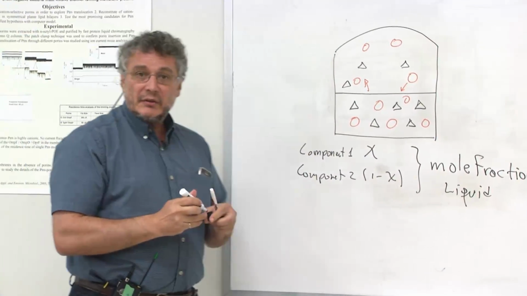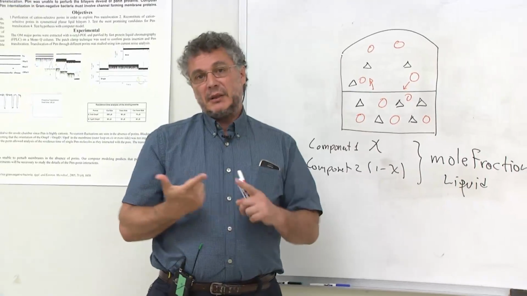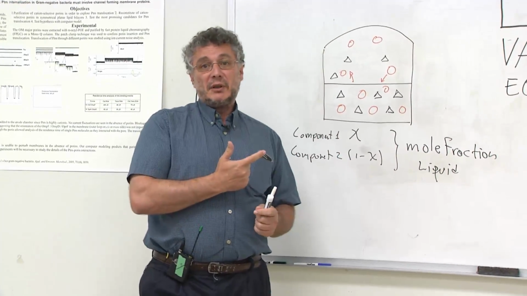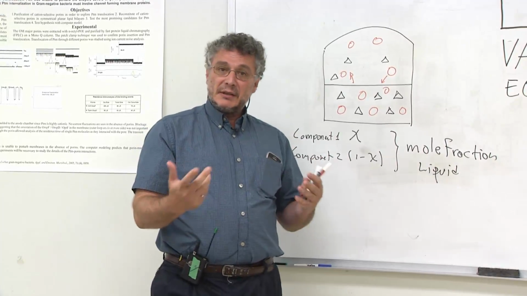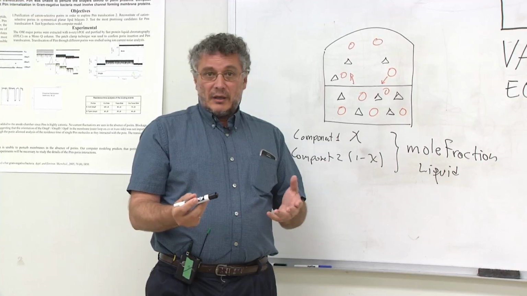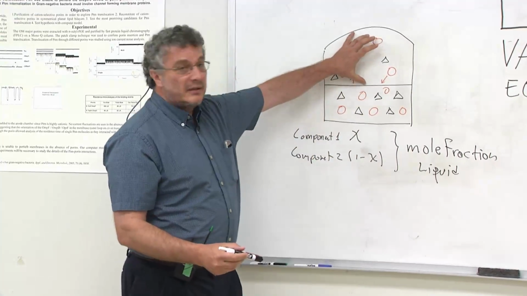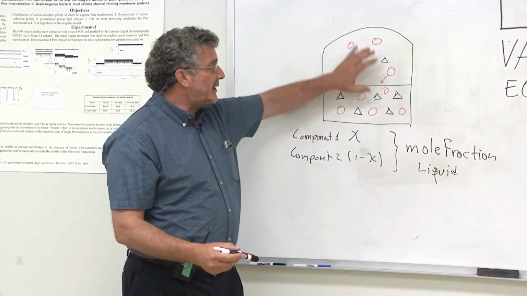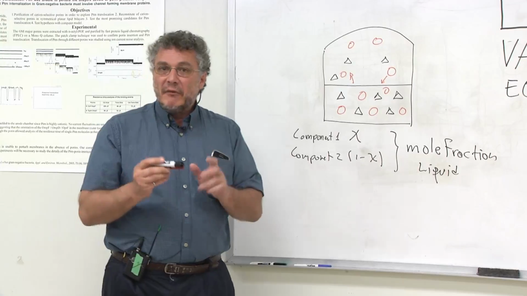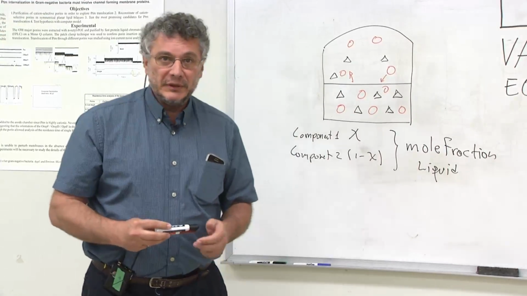However, because the boiling point and the enthalpy of the two species are different due to their different molecular weight, their different polarity, etc., those two molecules are not going to be present in the same mole fractions in the gas side or vapor side as they are in the liquid side, unless we are in some very special situation which is called an azeotropic point.